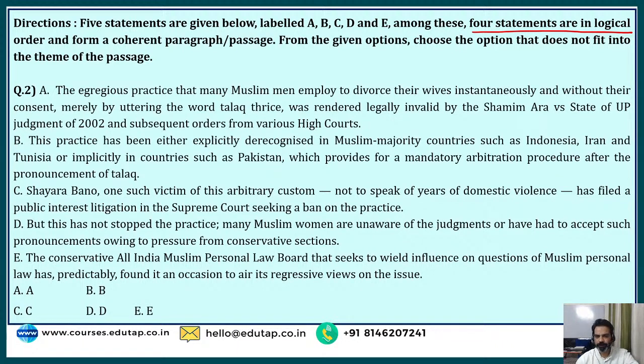Now, from the given options, choose the option that does not fit into the theme of the passage. Guys, you have to choose that one option which is the odd one out. Got it? You have to choose the sentence which is not a part of this series, right? The directions are clear to everyone.